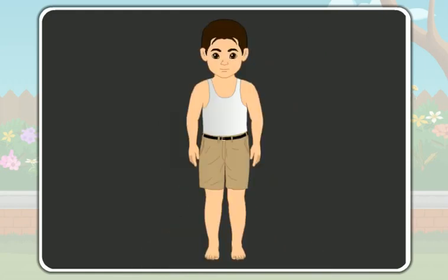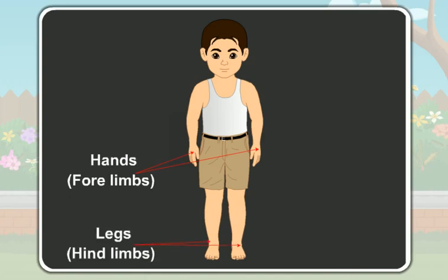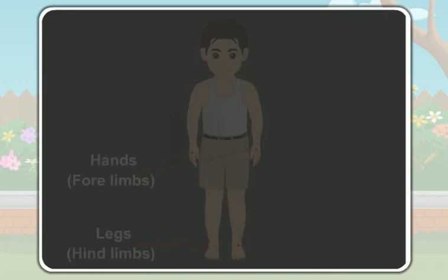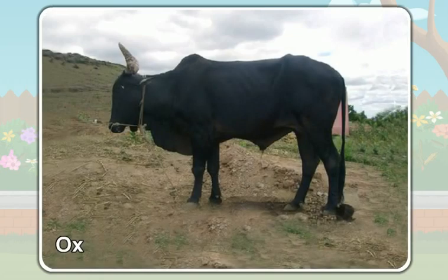You all have hands and legs. They are your limbs. The hands are your forelimbs, and your legs are your hind limbs or the lower limbs. Now look at this ox.